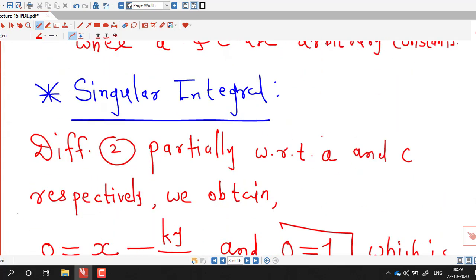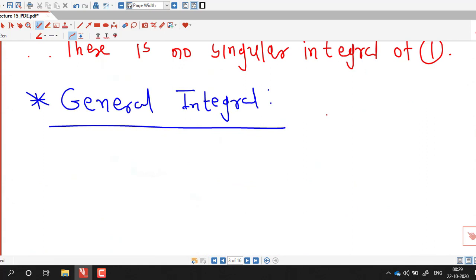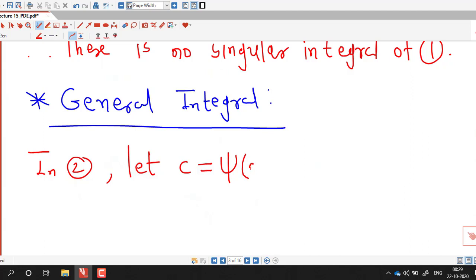So in equation 2, that is in the complete integral, we take c equal to psi of a.